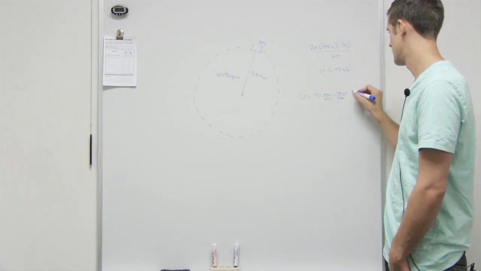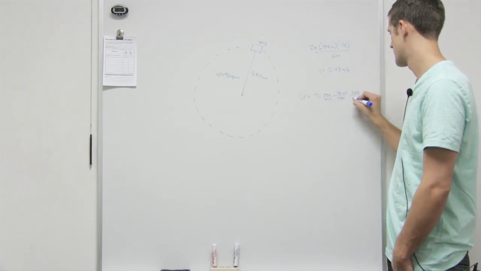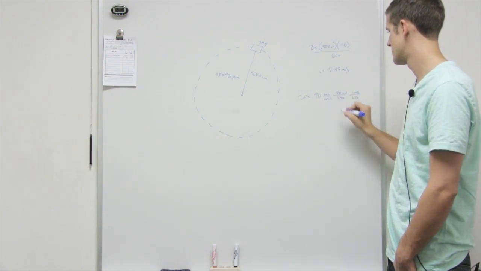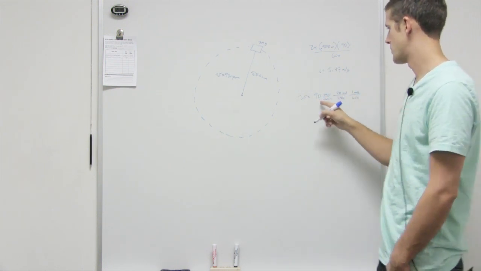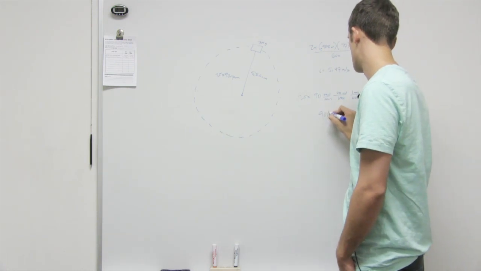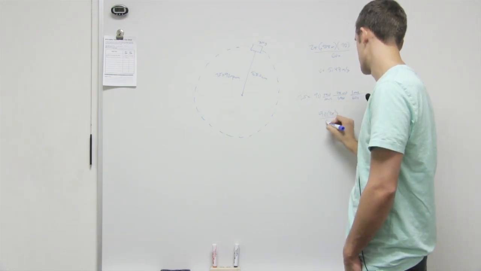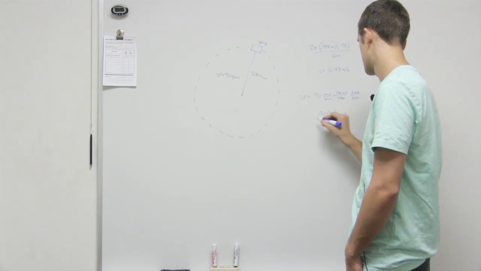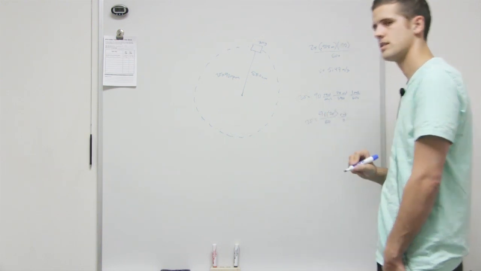Those cancel. And there's 1 minute every 60 seconds, and those cancel. Then you end up with 90 times 2 pi over 60 radians per second. That's your new omega.